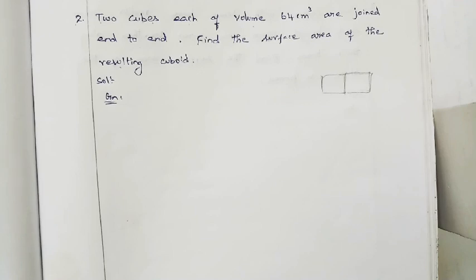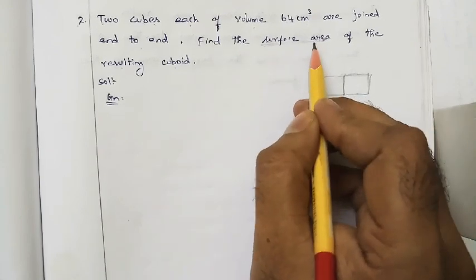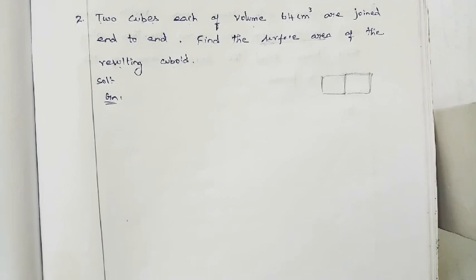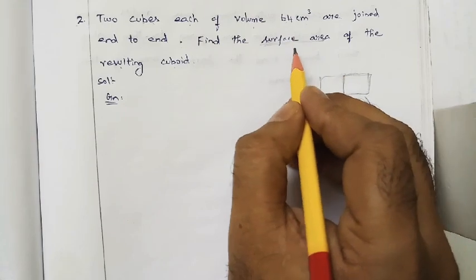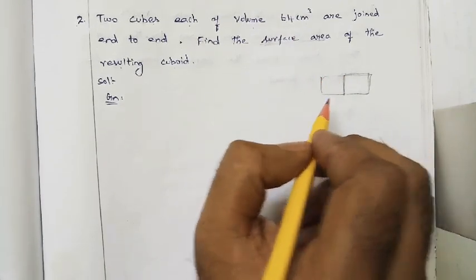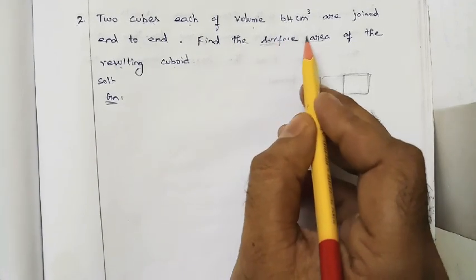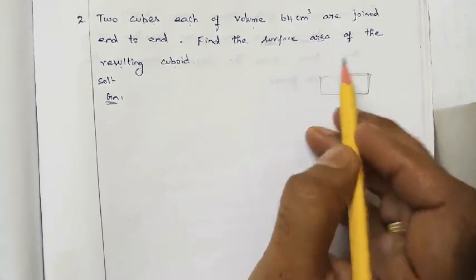For finding the surface area of a cuboid, this is very important. Usually when they ask for surface area, we always want to find the total surface area. Suppose we want the lateral surface area or curved surface area, they will ask particularly, like find the curved surface area of a cylinder, or the lateral surface area of a cube.